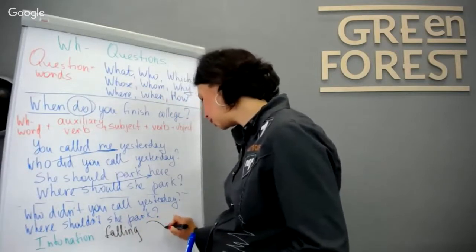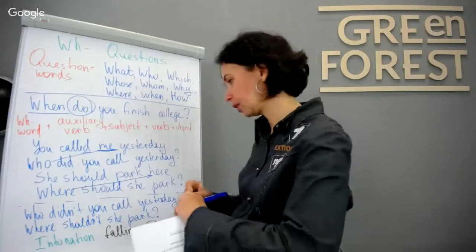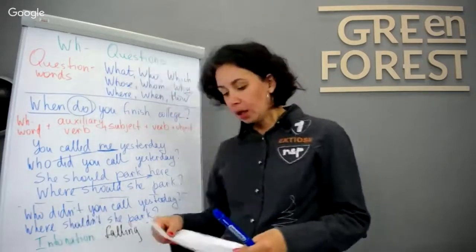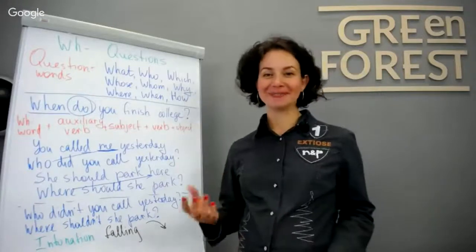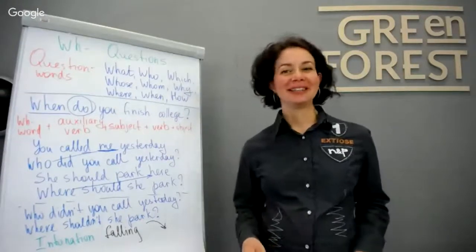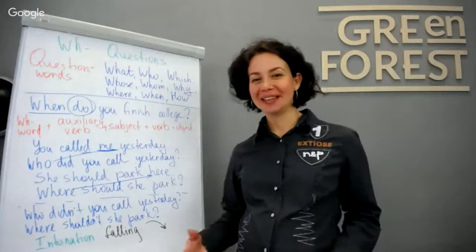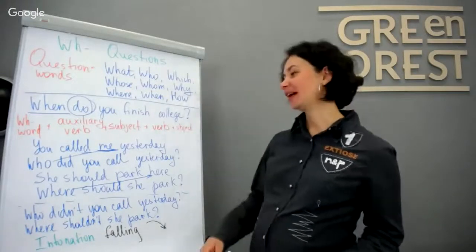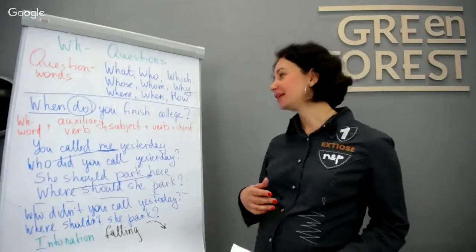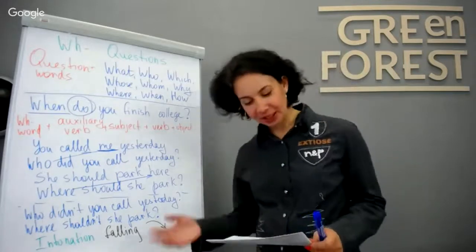Falling, that means it goes like that. Who didn't you call yesterday? Well, of course, I exaggerate a little bit, but I hope you understand. Where shouldn't she park? When do you finish college? And it's falling.